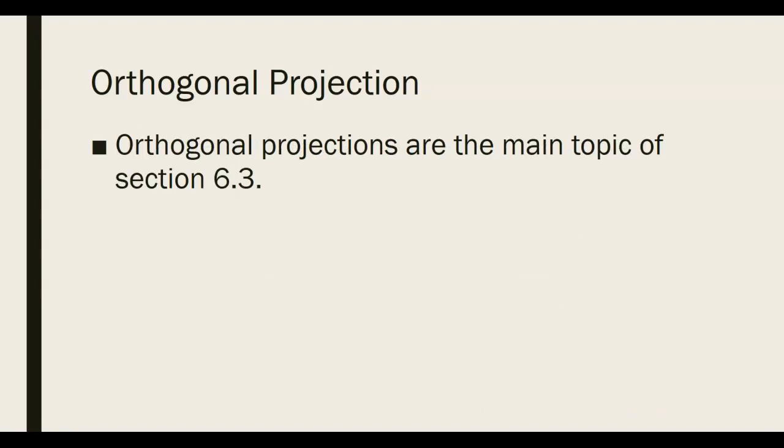Now, orthogonal projections are actually the main topic of section 6.3, and that will also influence 6.4 as well. These are things that we need to be able to do over and over again, and you're going to be asked to do them over and over again. So make sure that you know how to do those.